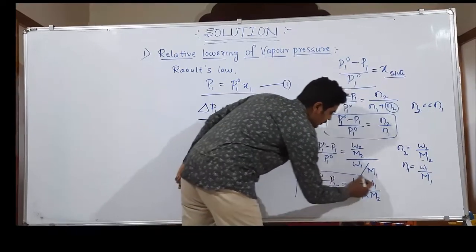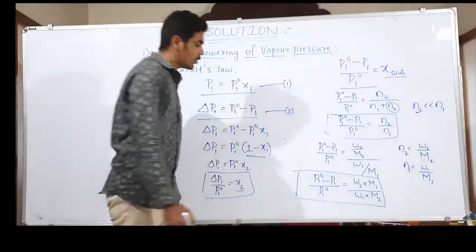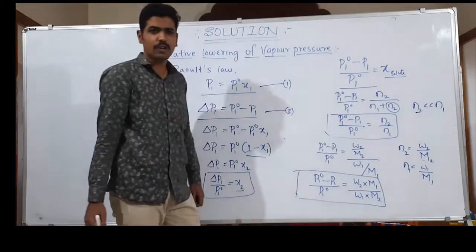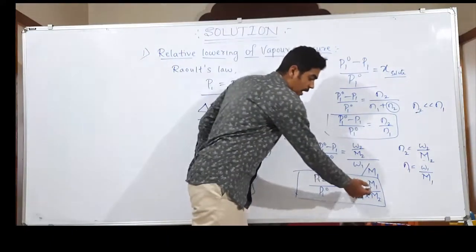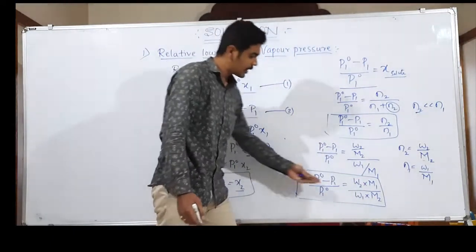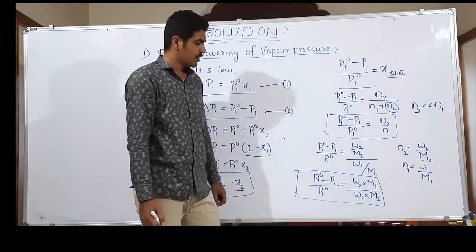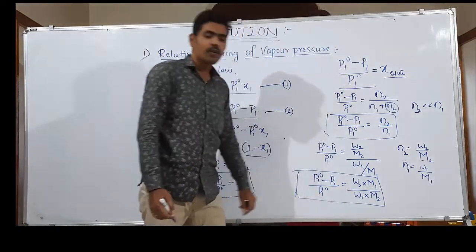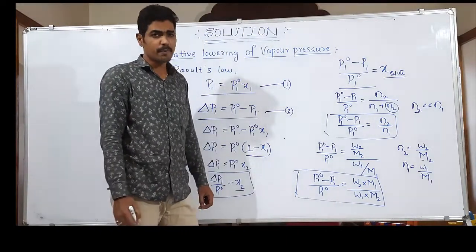So this equation is used to find the relative lowering of vapor pressure, as well as the molar mass of solute, molar mass of solvent, given mass of solute and given mass of solvent.